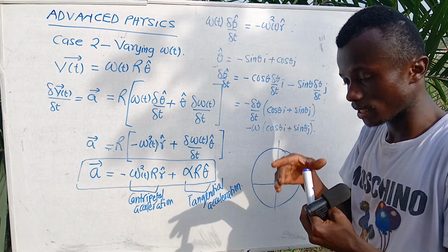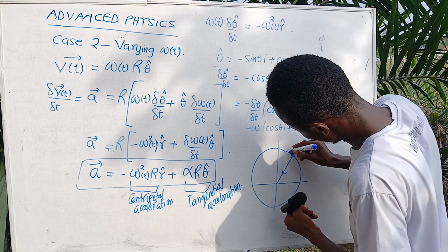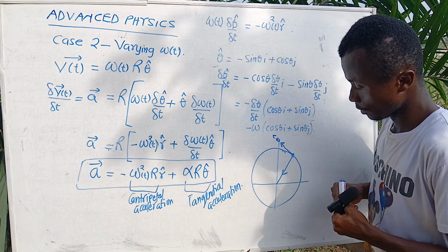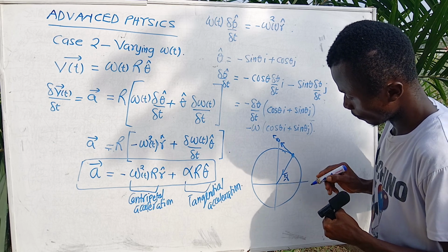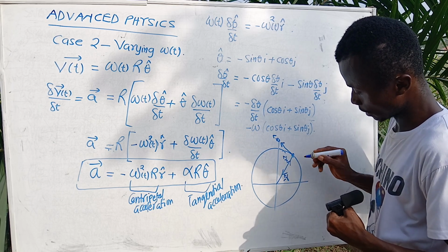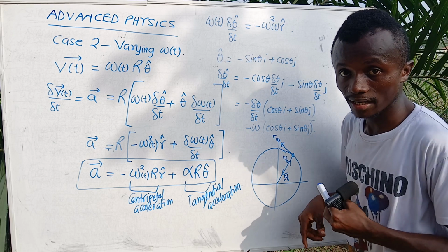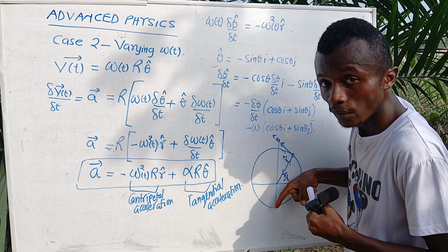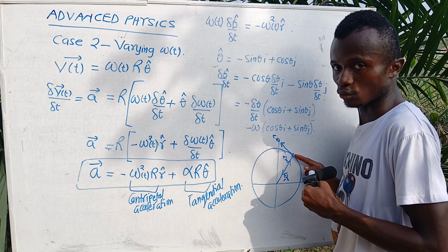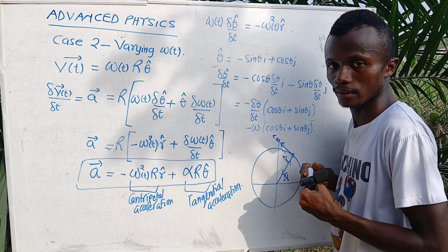And if you speed the object up, it will get another linear acceleration vector in the direction theta roof. This is a negative r roof, that is opposite r roof, defining r roof to be radially outward. The centripetal acceleration is like so. If you speed the object up, it will have another linear acceleration component tangential to the circle.